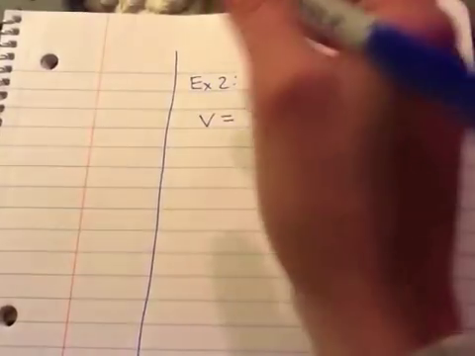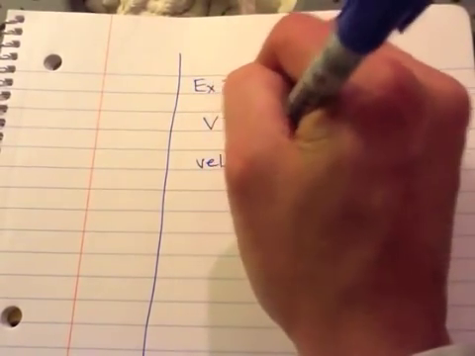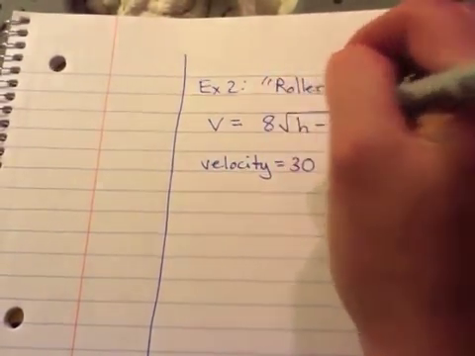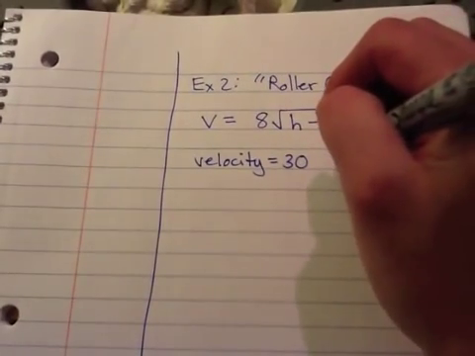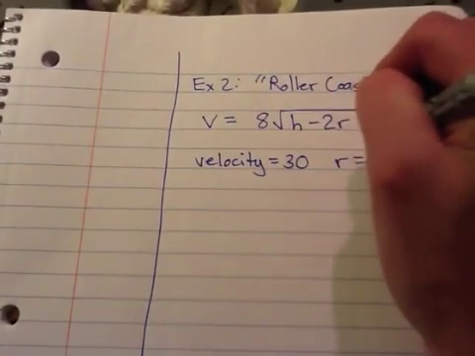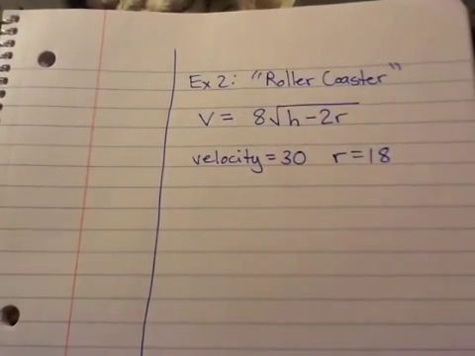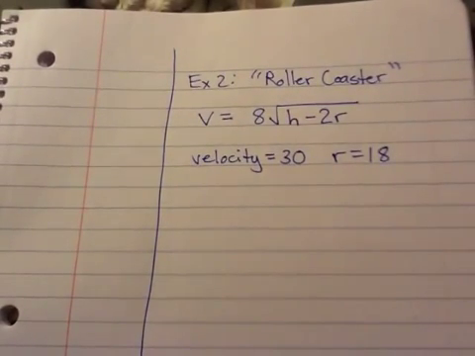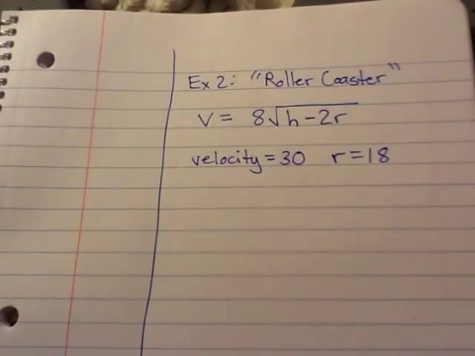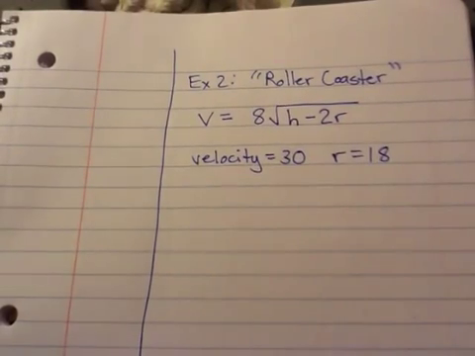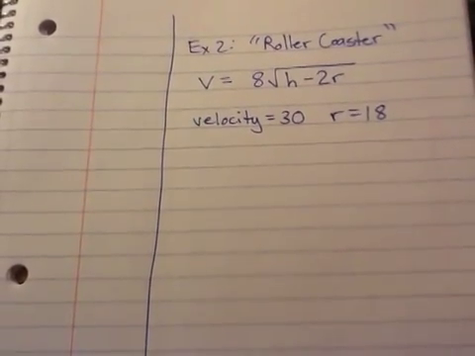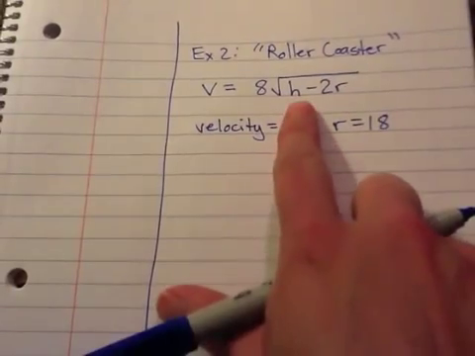And they end up giving you the velocity, and they end up telling you that the velocity is equal to 30, and they end up telling you that the radius is equal to 18. And they ask you for height. So you're just going to plug these in, evaluate, and then solve for h.